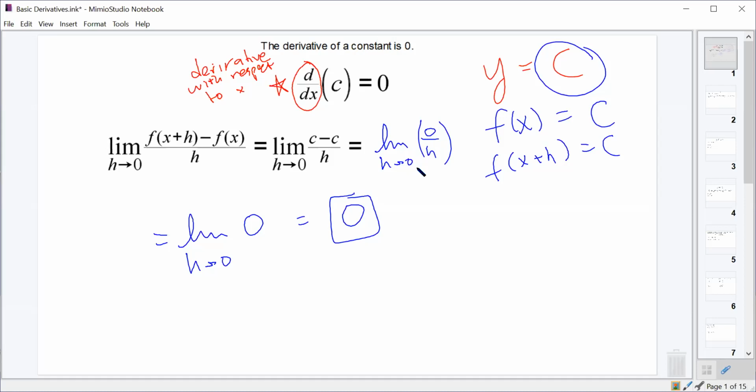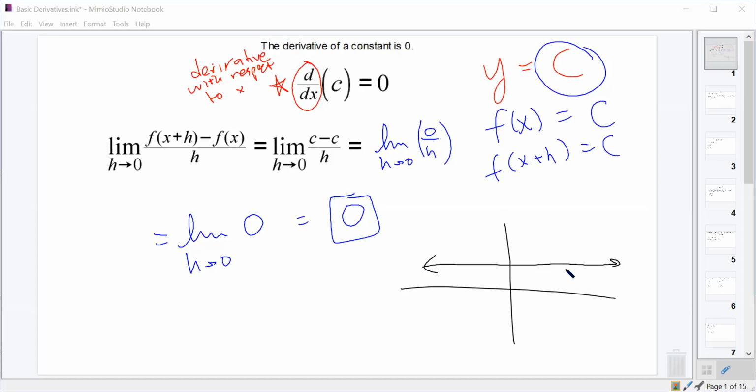And we could just think about this intuitively. Think of a function y equals 2. There's y equals 2, right? Well, the derivative is the slope of the tangent line at any point. What's the slope of this thing at any point? Its slope is always 0, right? Because it's horizontal.